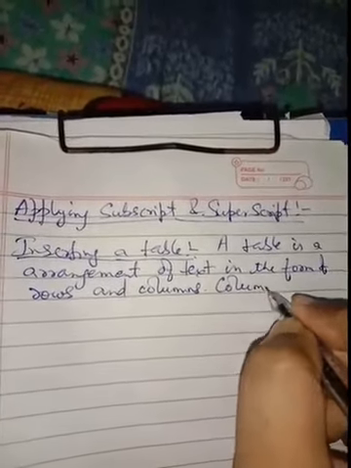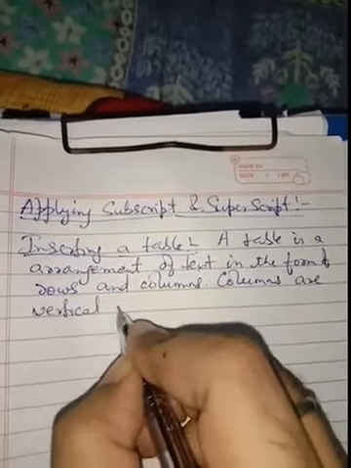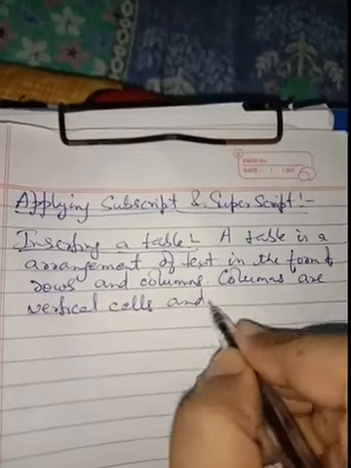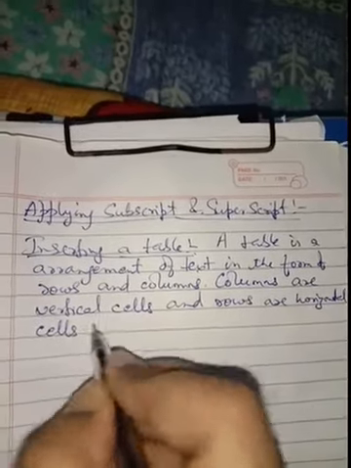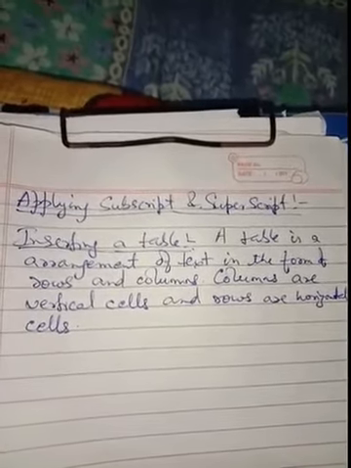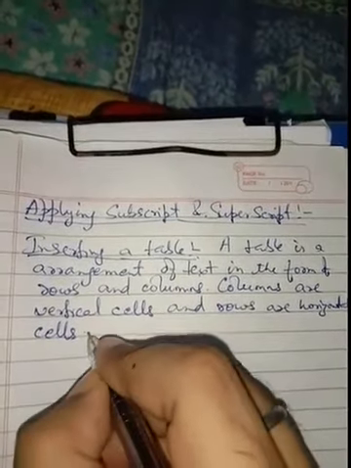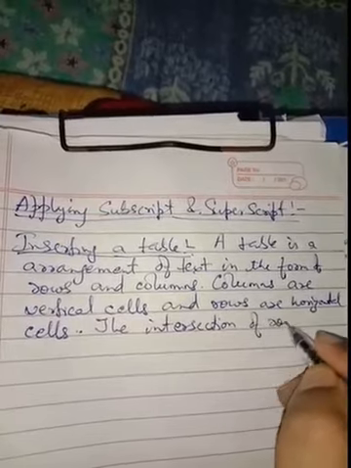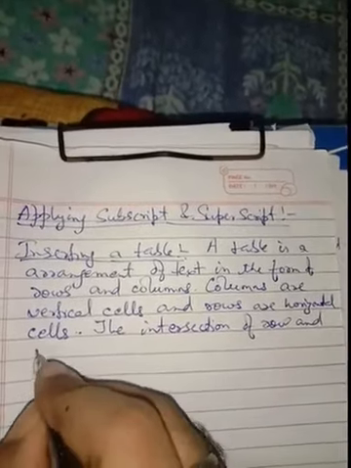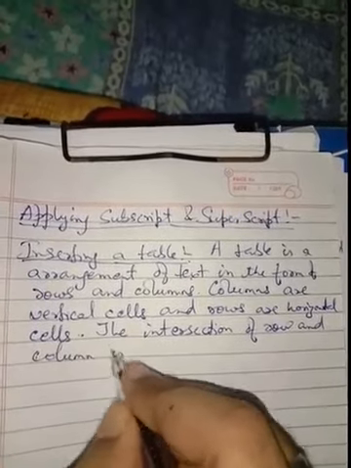and rows are horizontal cells. The intersection of a row and a column is called a cell.